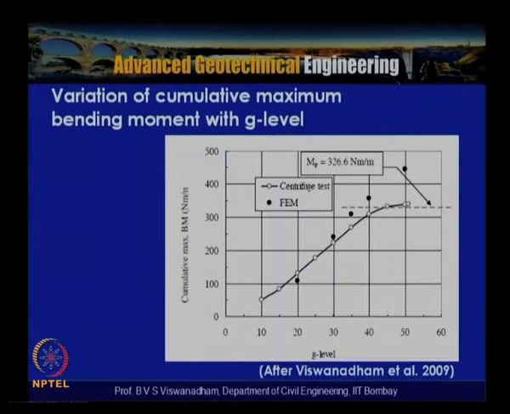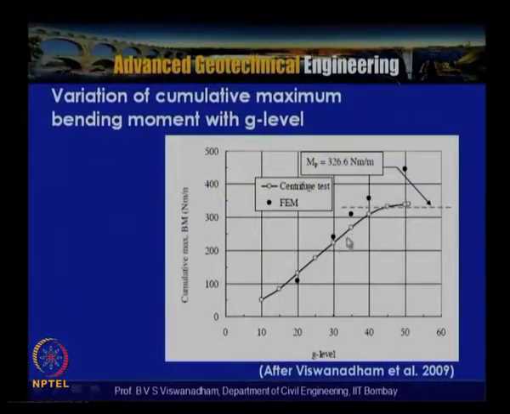The variation of the cumulative maximum bending moment with G level is plotted, and you can see that with an increasing G level the bending moment is increasing. The same situation was also measured in the FEM, and this is the level of the so-called 326.6 Newton meter per meter, that is the plastic moment capacity.